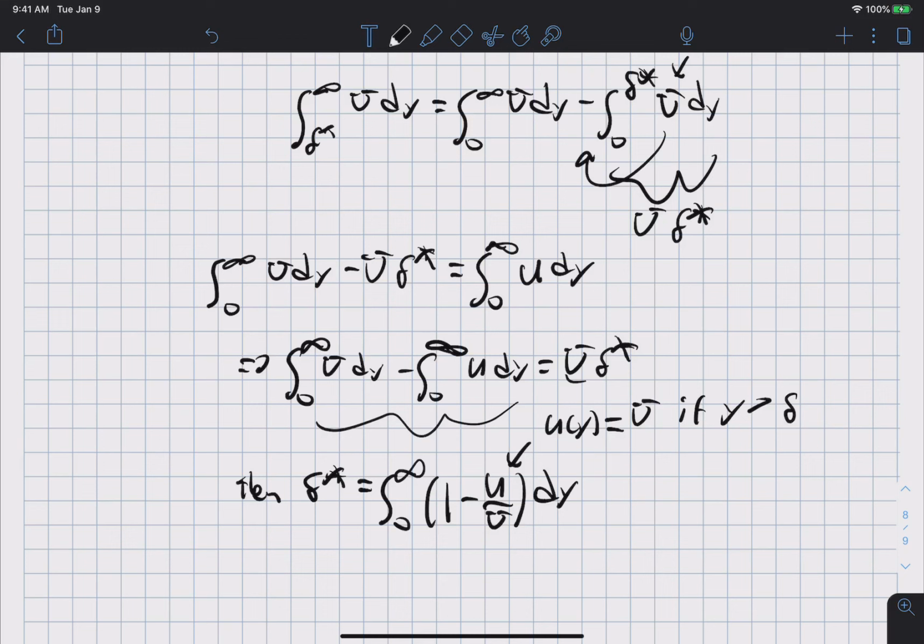So what this means is that you can break this integral into two pieces: the integral from 0 to the height of the boundary layer of 1 minus small u over capital U dy, plus the integral from delta to infinity of 1 minus u over capital U dy.